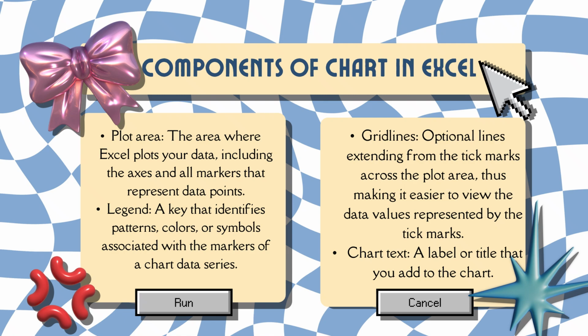Legend, a key that identifies patterns, colors, or symbols associated with the markers of a chart data series. Grid lines, optional lines extending from the tick marks across the plot area, making it easier to view the data values represented by the tick marks. Chart text, a label or title that you add to the chart.